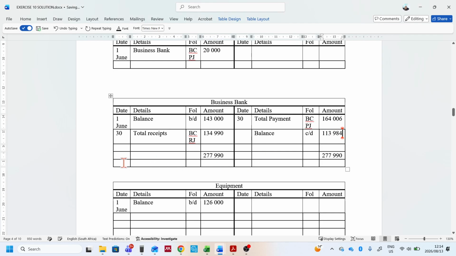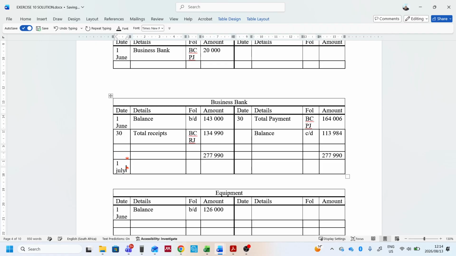The same amount that is the carrying balance is going to be the opening balance when we start the month of July. So this means that now you're going to have balance brought down for July being 113,984.